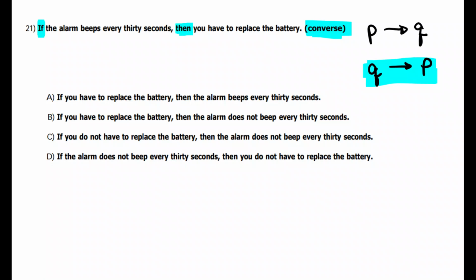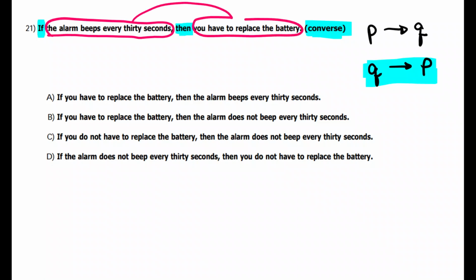You got if and then. But what you're going to do is you're going to take the alarm beeps every 30 seconds and you're going to switch it with you have to replace the battery. These two are just going to switch places. So it'll be if you have to replace the battery, then the alarm beeps every 30 seconds.